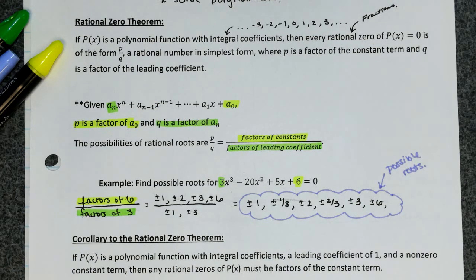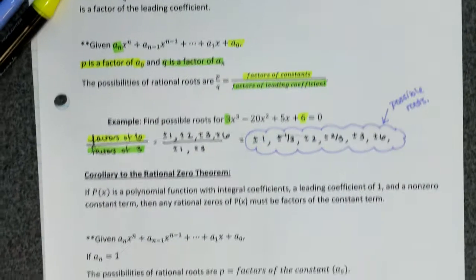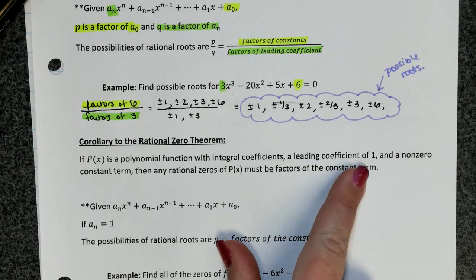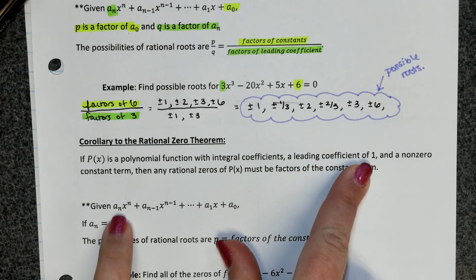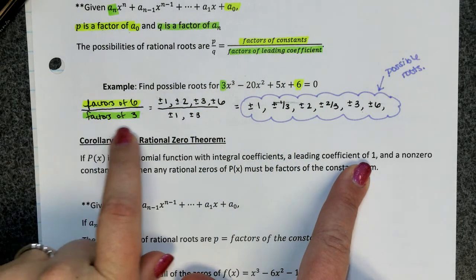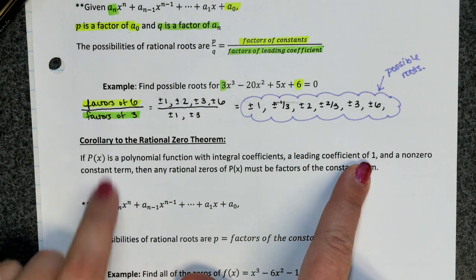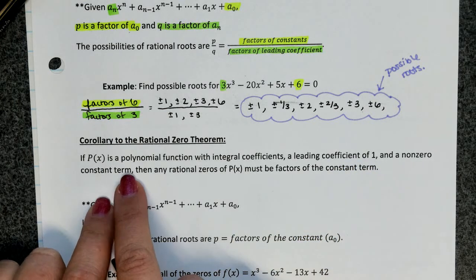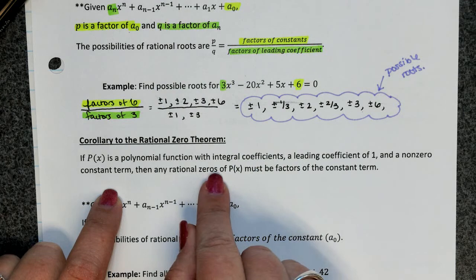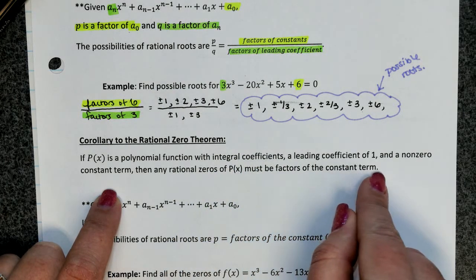Okay? So what the corollary says is that if we have a polynomial and the leading coefficient is 1, so that number out front is 1, the leading coefficient is the bottom part, so we would be looking at factors of 1 here, and a non-zero constant term, so our constant term cannot be 0, then any rational zeros must be factors of the constant term.